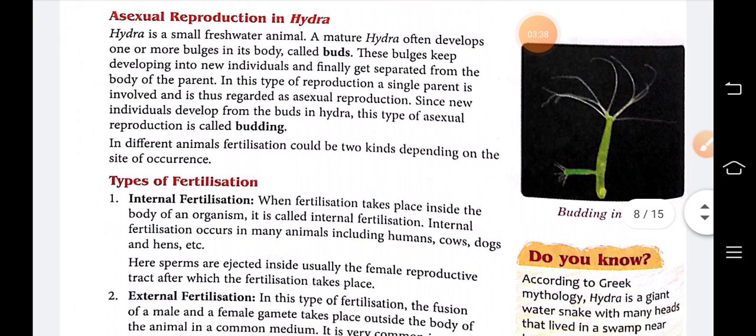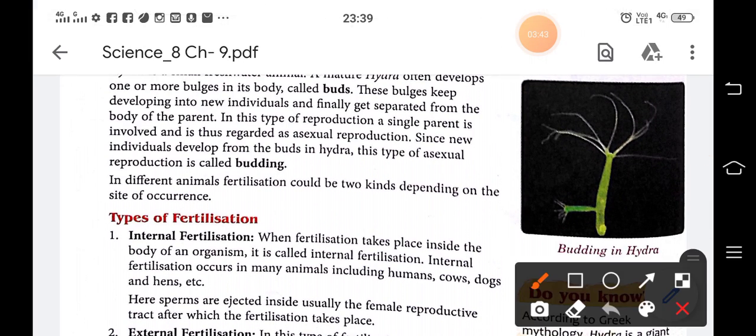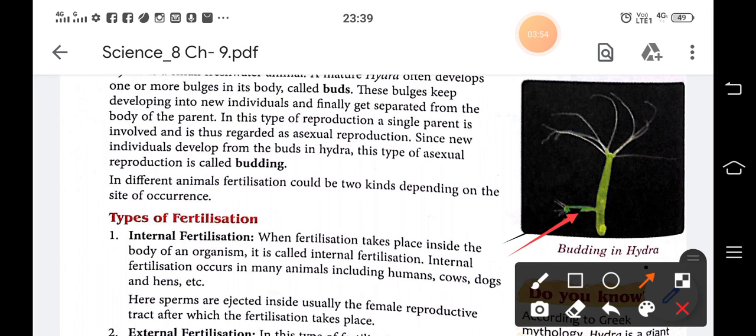This is a bud, and this develops into the body of the hydra, and it keeps developing into a new individual and finally gets separated from the body of the parent.